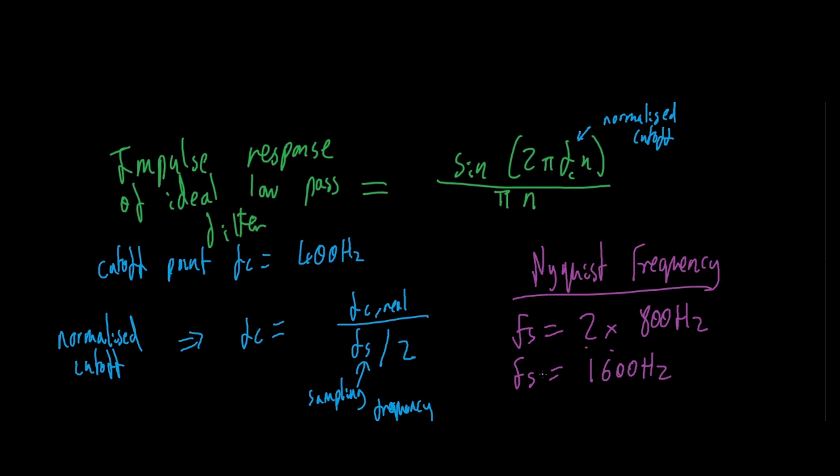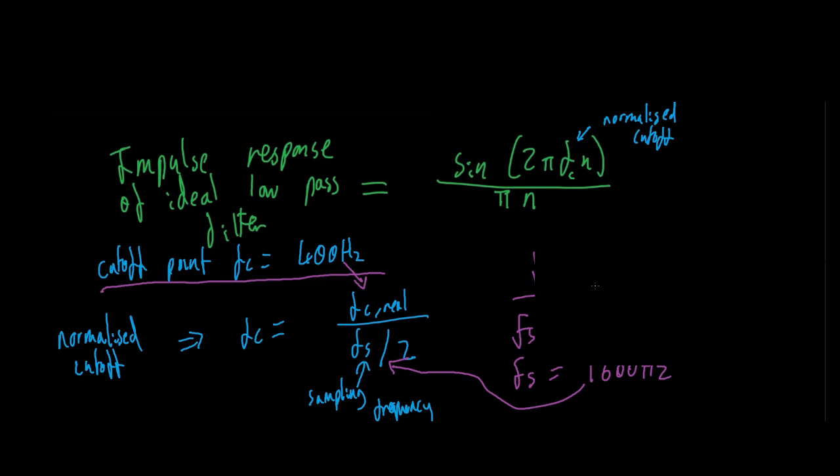Okay, now we said we wanted a cutoff point of Fc equals 400 hertz. So we would put our 400 hertz here, and we would put Fs over there. And so that would equal normalized cutoff equal 400 divided by 1600 divided by 2.